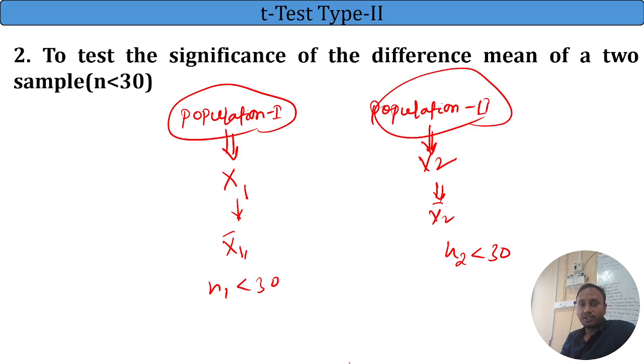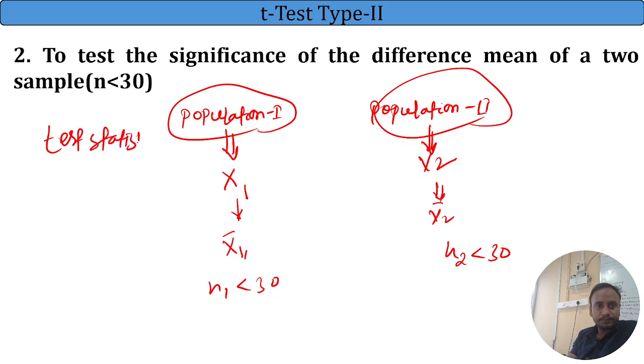So in that case, what will be the test statistic? The test statistic will become T equal to x1 minus x2 upon sigma x.